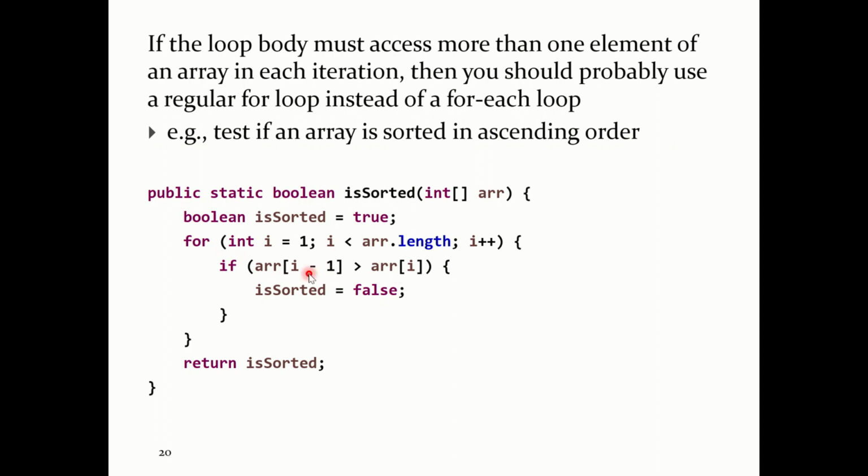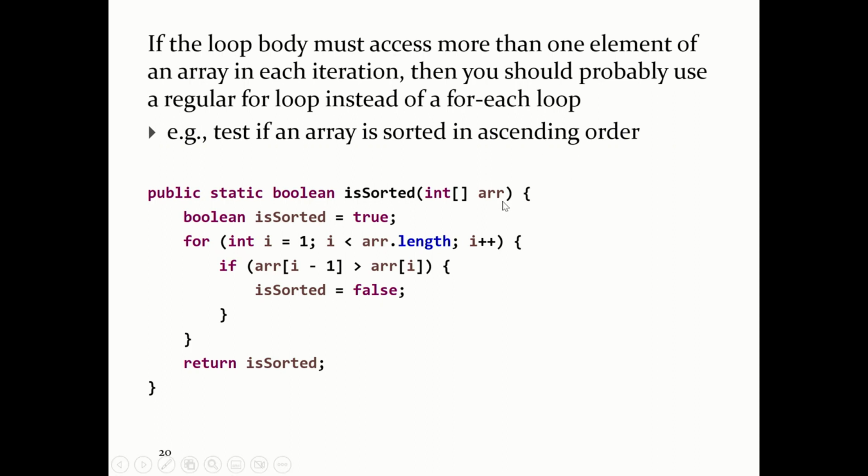Third time through the loop, array[2], array[3]. So it's going to compare adjacent values in the array. If the previous value is bigger than the next value, the array is not sorted in ascending order, and so I can set isSorted to false. And then at the end, I can return isSorted.